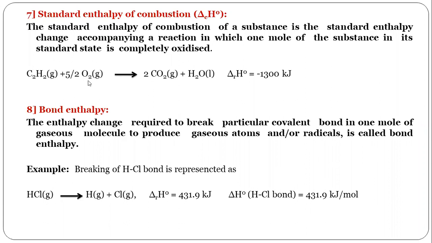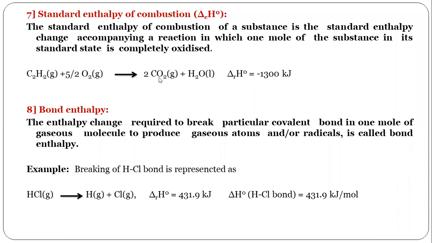In this example, one example is given in which C2H2. All the students are familiar with this C2H2. This is ethyne. When ethyne undergoes combustion, it reacts with 5 divided by 2 O2. It gives twice CO2 gas plus H2O liquid.